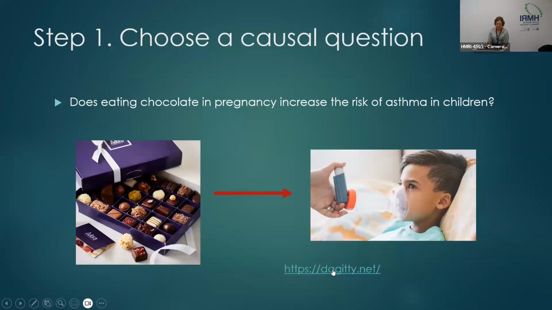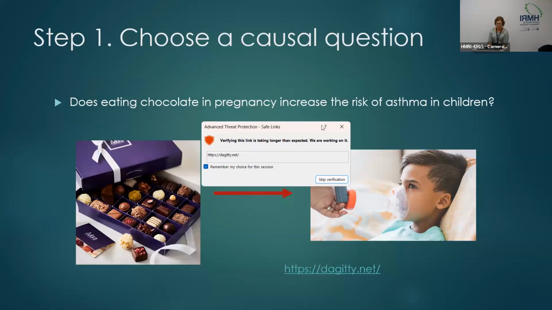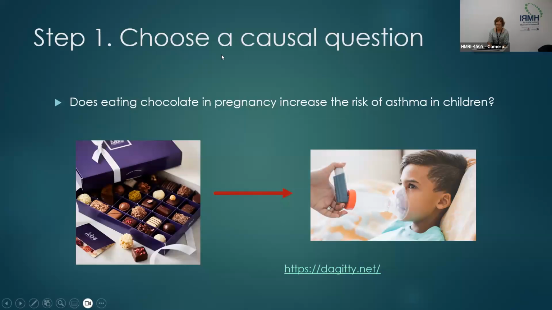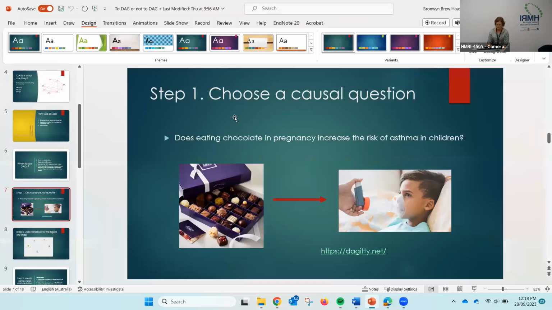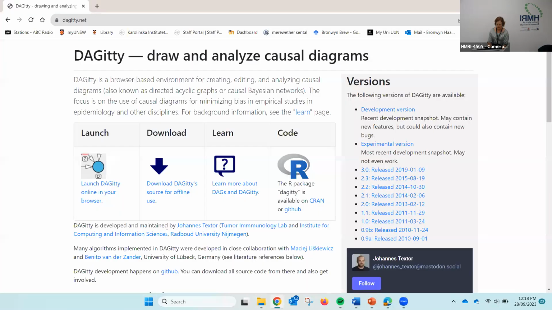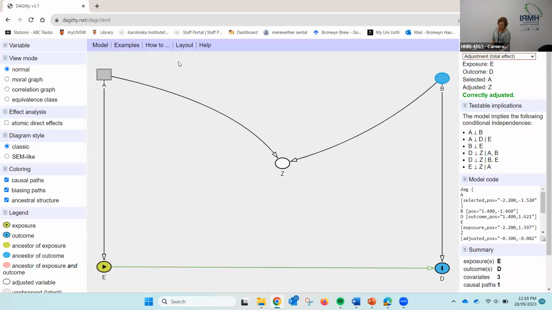And if you're on a computer, you can do it a different way, which is go to dagitty.net and then you just launch the model on your computer. Is anybody doing it through their computer, even the people online, so I know who to wait for?